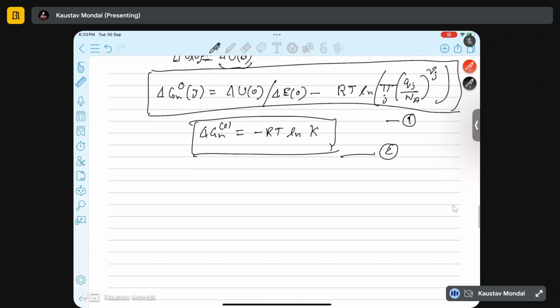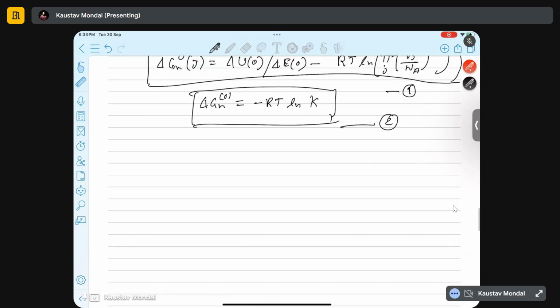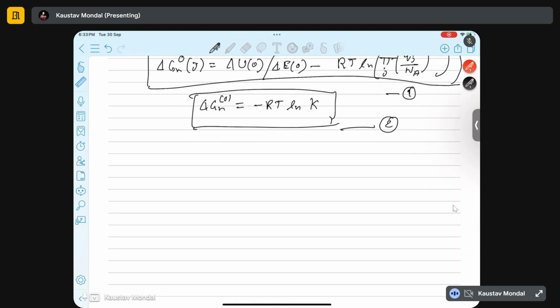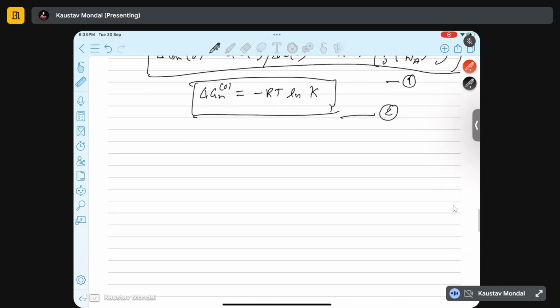If you compare equations 1 and 2, we will get a mathematical relation between the equilibrium constant K and the partition function Q. That is the thing we want to derive. So we just have to compare these two.